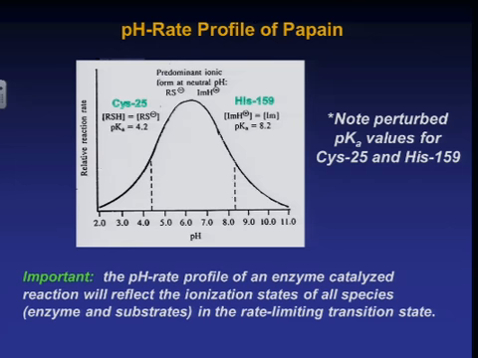And they both function during the slow step, but this one during the slow step has to be positive, and this one during the slow step has to be negative. So if you did the reaction and it was at a very low pH, this guy would be positive. It's in the proper form to do what it's going to do, and if it was general acid-base catalysis, if it was positively charged, it would probably be functioning as a what?